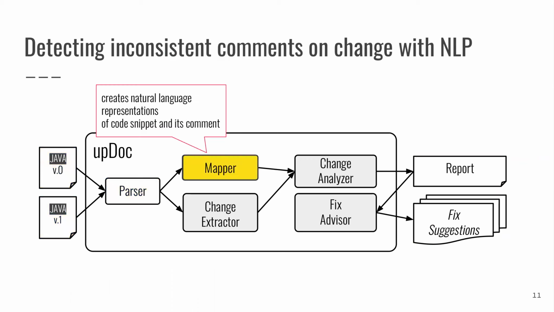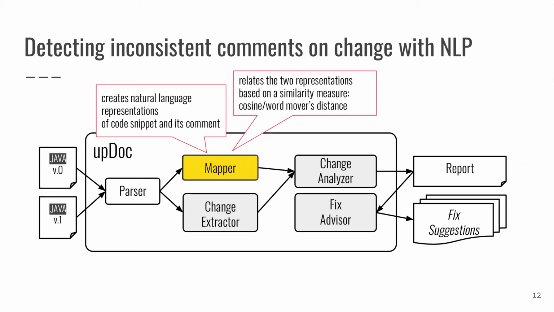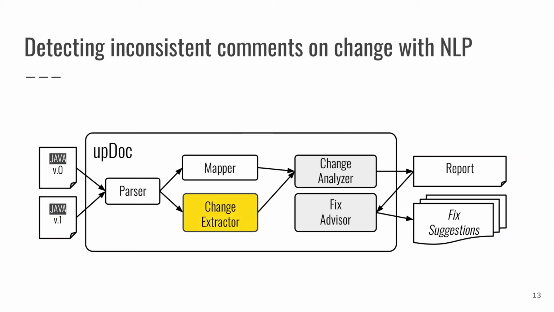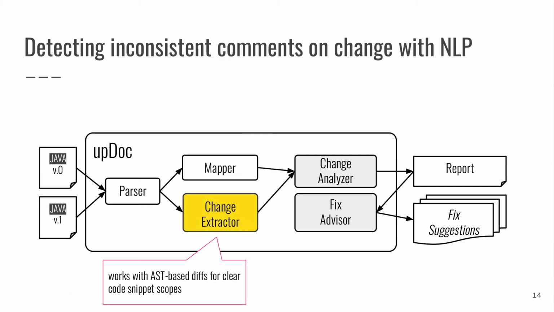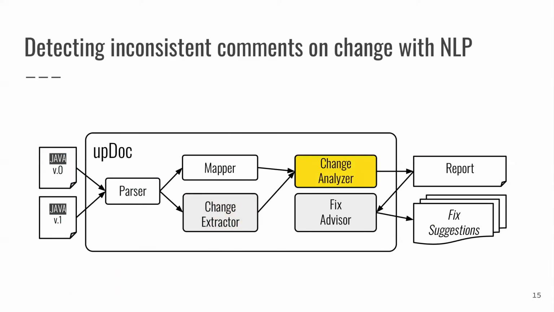The mapper component has two tasks. First, it creates natural language representations of the code snippet and its comment, and it relates the two representations based on a similarity measure. So far, we have implemented cosine similarity and word mover's distance similarity. The change extractor component creates an AST-based diff, which has the advantage of having clear code snippet scopes.